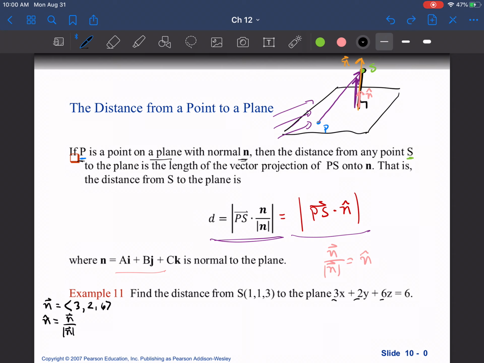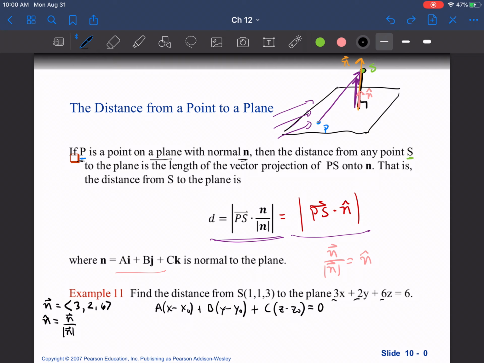We need the form a(x - x0) + b(y - y0) + c(z - z0) = 0. Then we can pick out x0, y0, z0, which gives us a point P on the plane.